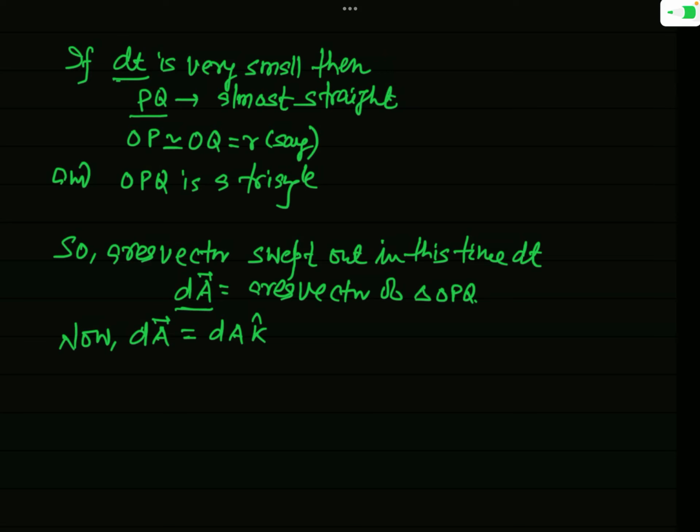So this area vector is in the direction of the z-axis, and along the z-axis we consider the unit vector k hat. So dA vector is equal to dA k hat. And dA is actually the area of that triangle, and that will be equal to what? 1 by 2 base into height.